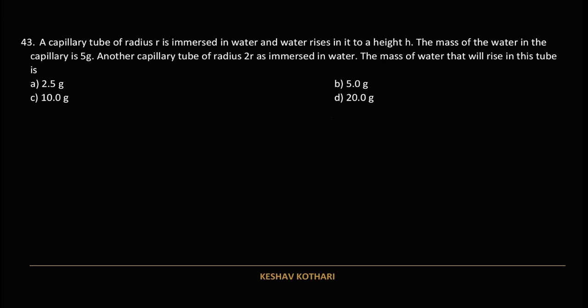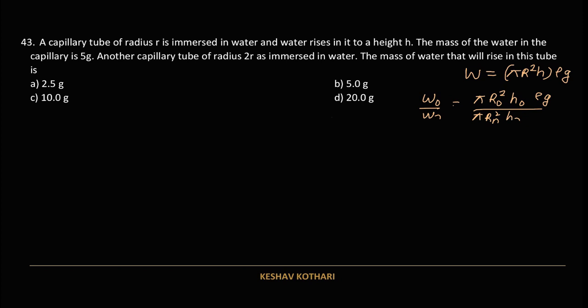So if we consider this problem, the weight is going to be equal to pi r square h, that is volume, into density into g. If we compare the two cases, the original upon the new one will be written as pi r original square h original rho g upon pi r new square h new rho g.